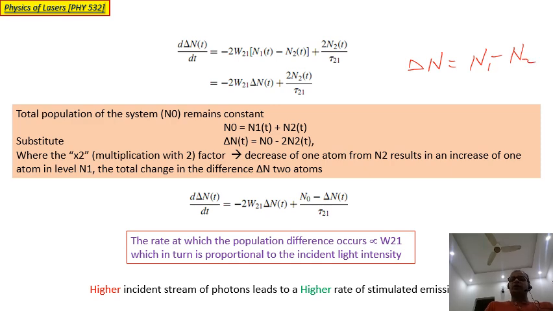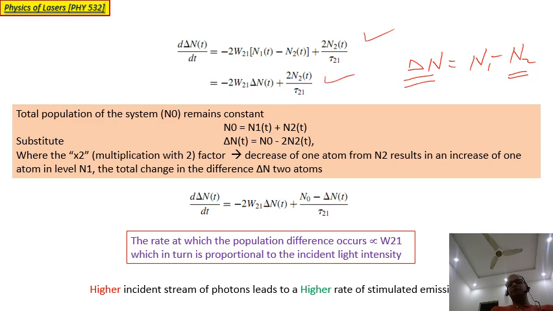Okay, and we also studied that population inversion starts when delta n is less than 0, that is, this level should be highly populated. After that we made some substitution and we get this one.